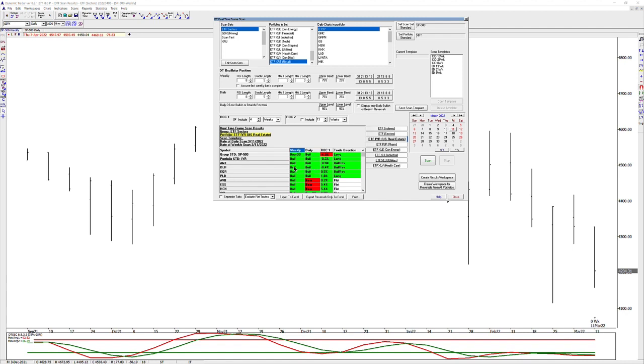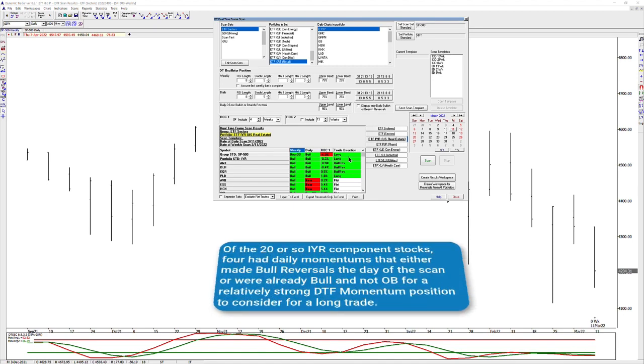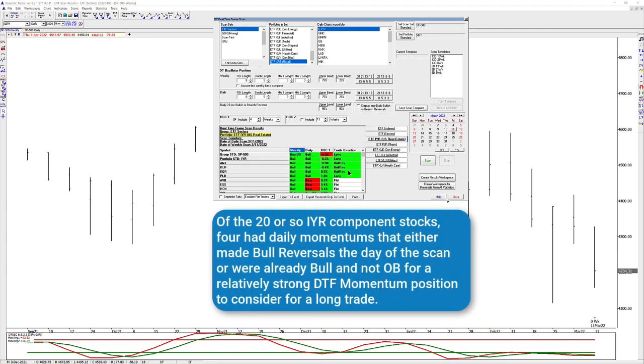As we know, if the weekly momentum is bullish and the daily momentum is bullish, that's a dual time frame momentum setup to continue a weekly bull trend, at least. We also identified that 3 of these stocks on the day of the scan actually made daily momentum bull reversals, so they may be right on the verge of continuing a bull trend.